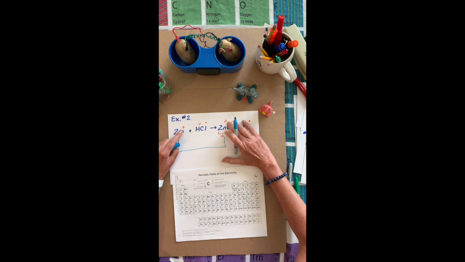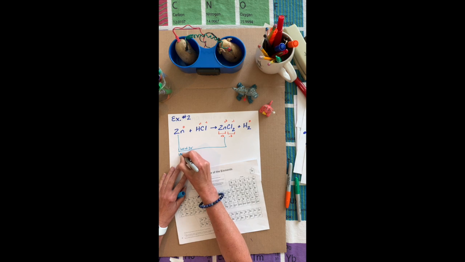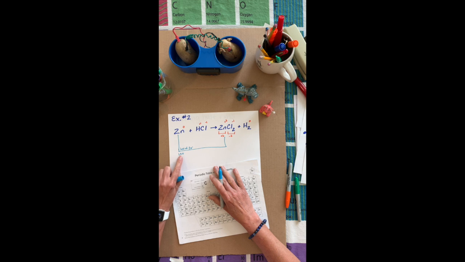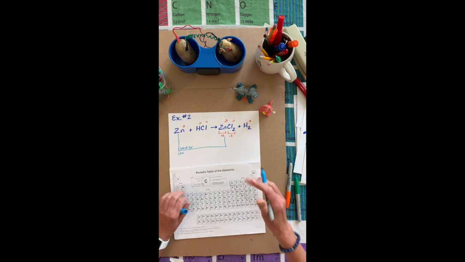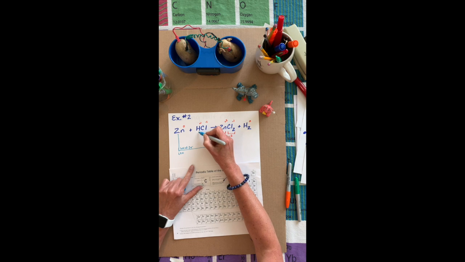That means zinc must have lost electrons to become more positive. It had a loss of how many? 2 electrons. LEO: loss of electrons is oxidation. Zinc is oxidized. Let's continue looking. Hydrogen. Oh, here we go.